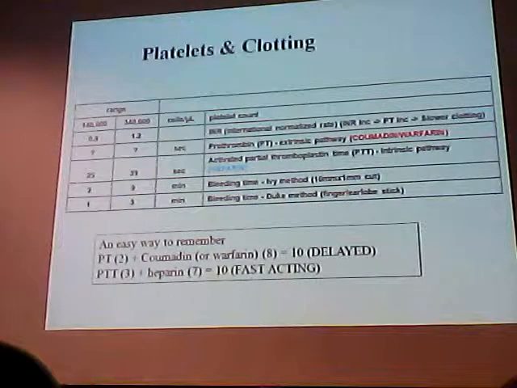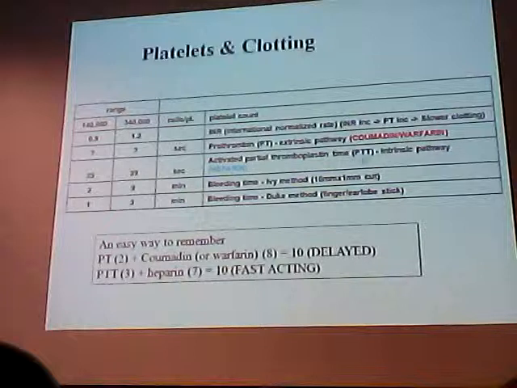But so there's these different factors associated with platelets and clotting that you guys saw earlier in the year, I believe. So the ones to know are prothrombin time, which relates to the extrinsic pathway, and that's with Coumadin and warfarin, versus partial thromboplastin time, PTT, which affects the intrinsic pathway, heparin.